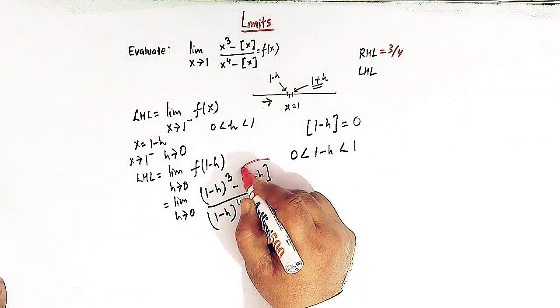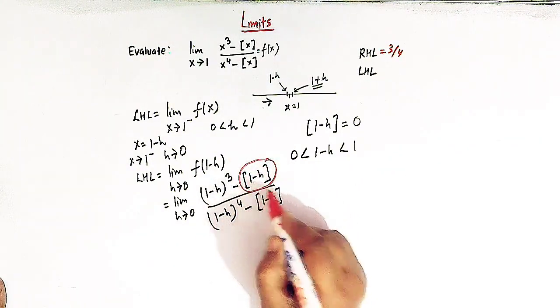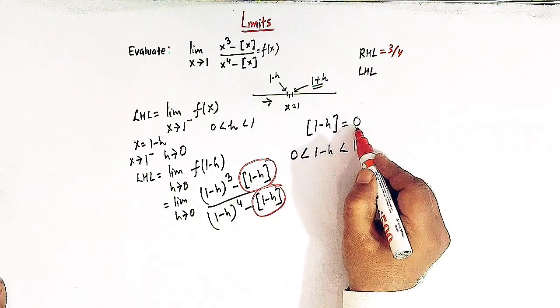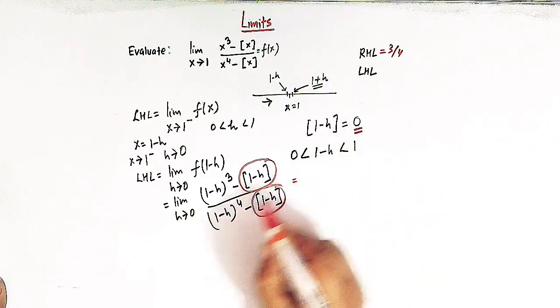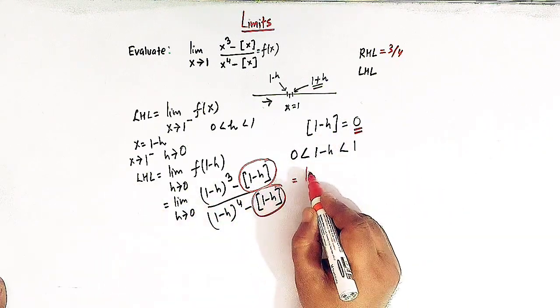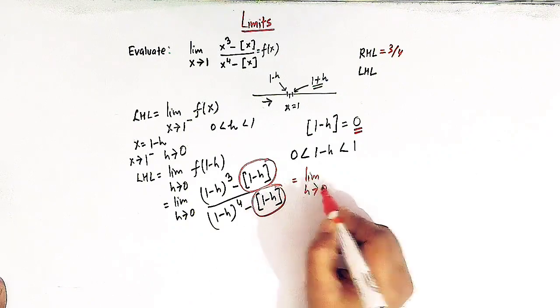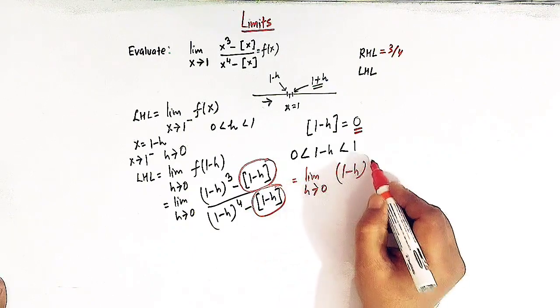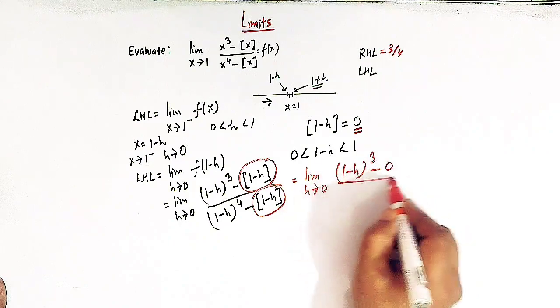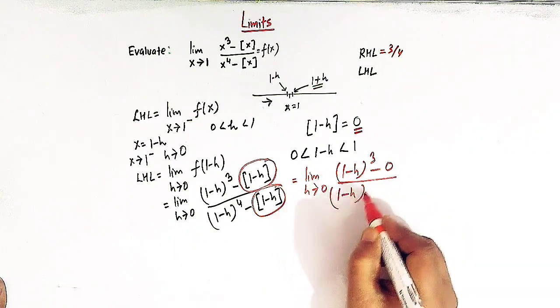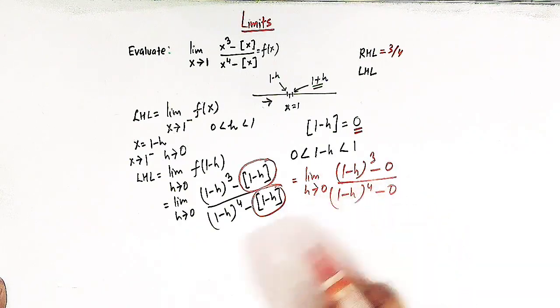So now we can replace this quantity and this quantity by 0 here. So we have the left hand limit, limit h tends to 0, of (1 minus h)^3 minus 0, and here we have (1 minus h)^4 minus 0.